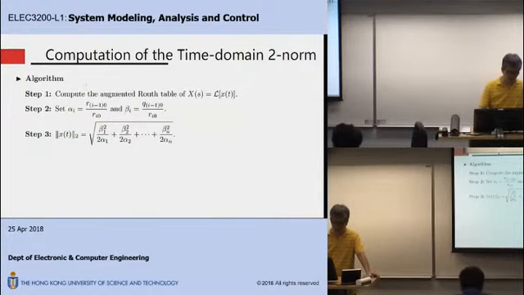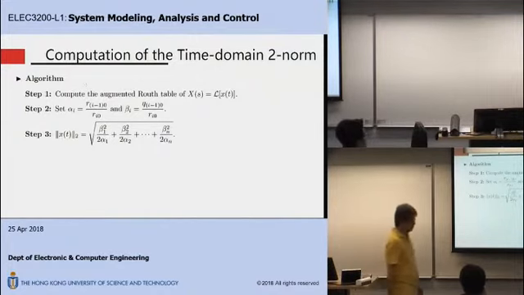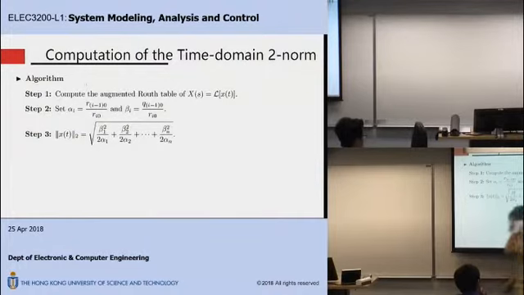So alpha I is from the first column of the Rouse table. Beta I is from the first column of the middle part of the augmented Rouse table, or the left. No. This is the right part, the augmented part.